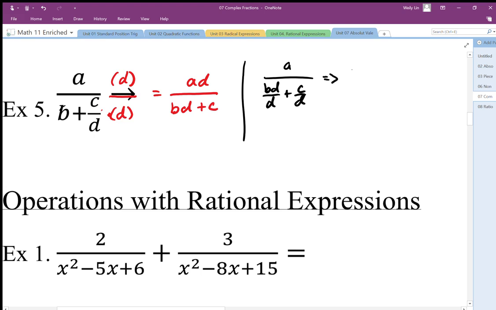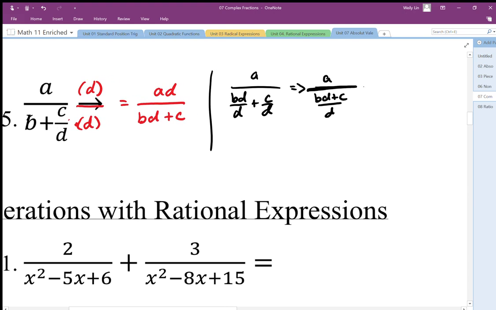So that works out to be A over BD plus C all over D. That's my main divisor. So this is times A, divide by BD plus C, divide by D. So then that D really ends up in the numerator as AD over BD plus C.